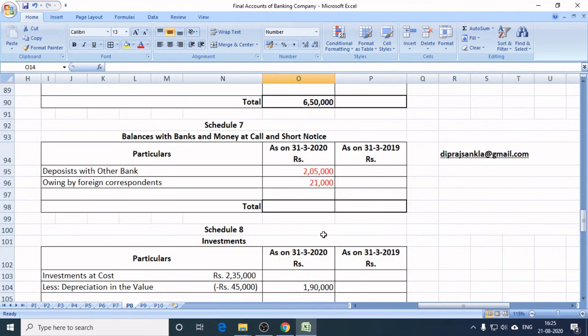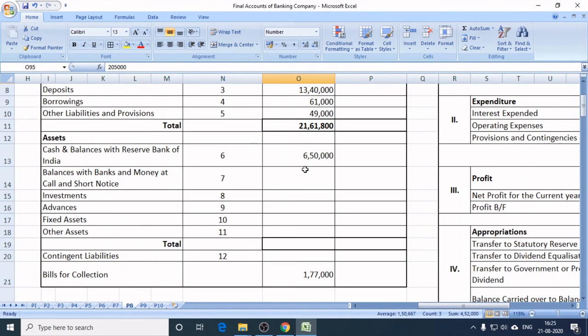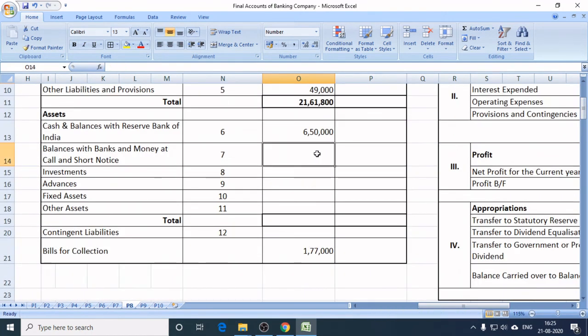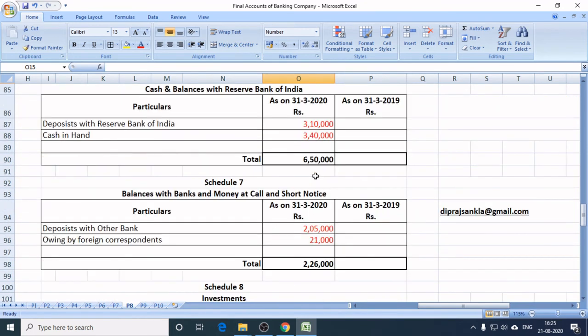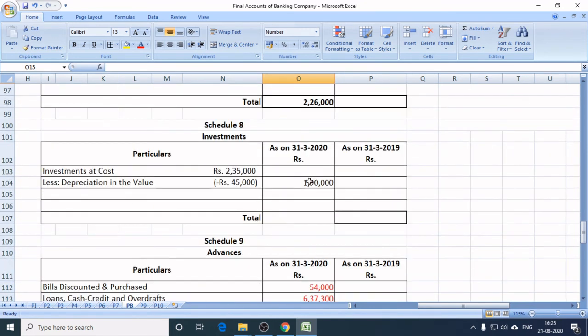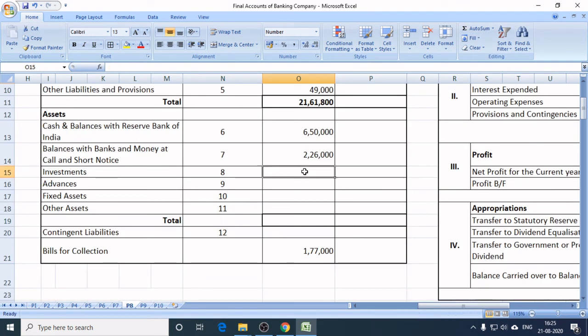Its total is 2 lakh 26,000. Now schedule number 8, investments. There is only one. Its value is 1 lakh 90,000.